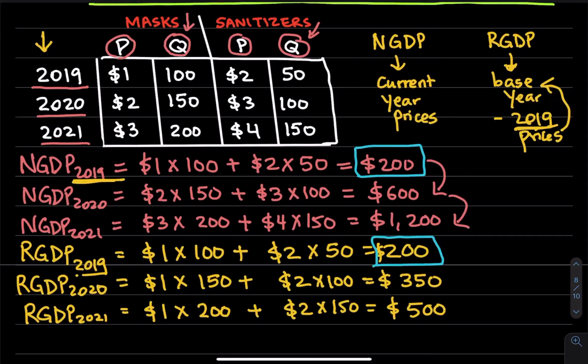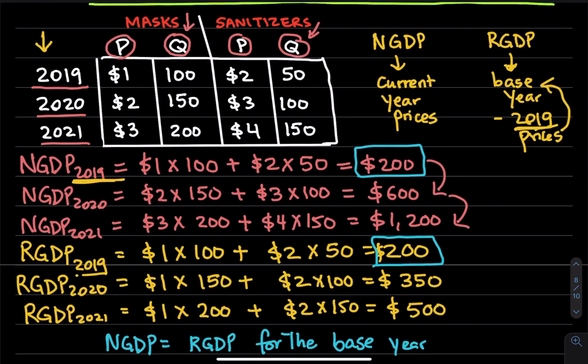So remember that if you are given a base year, nominal and real GDP is going to be exactly the same. So nominal GDP equals real GDP for the base year, whatever the base year, because the prices are going to be the same. And you're obviously taking quantities from that year.